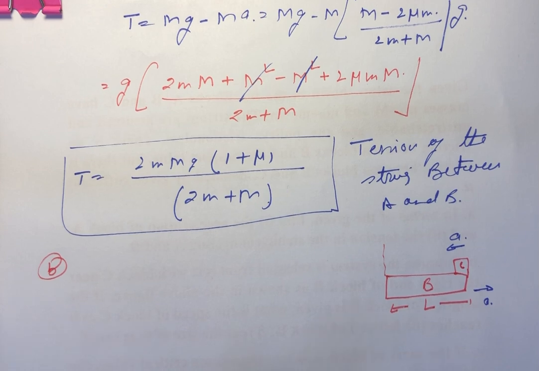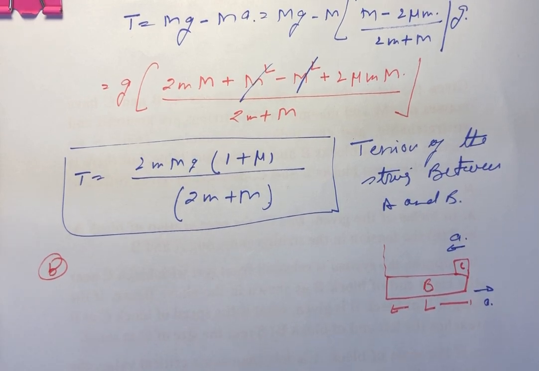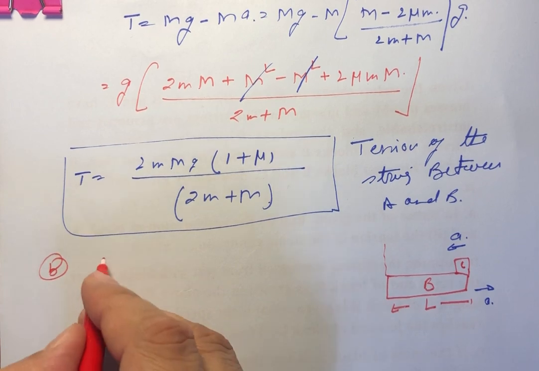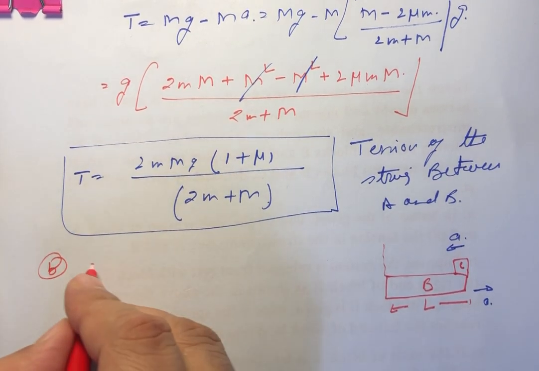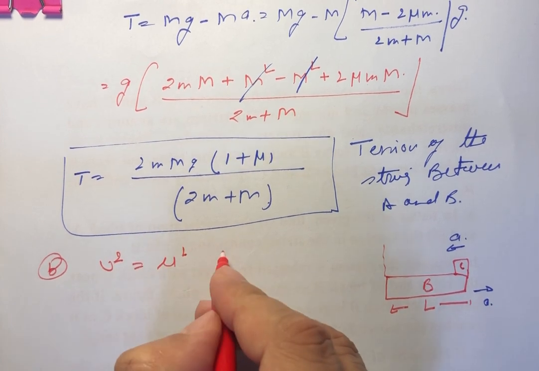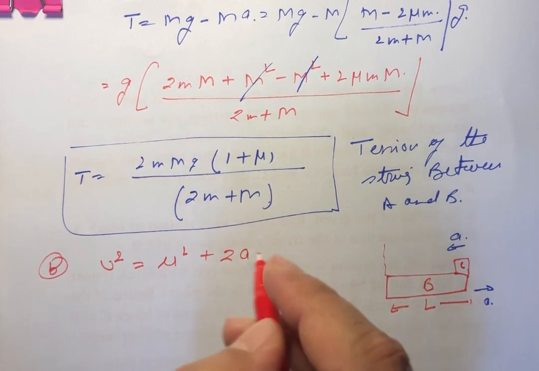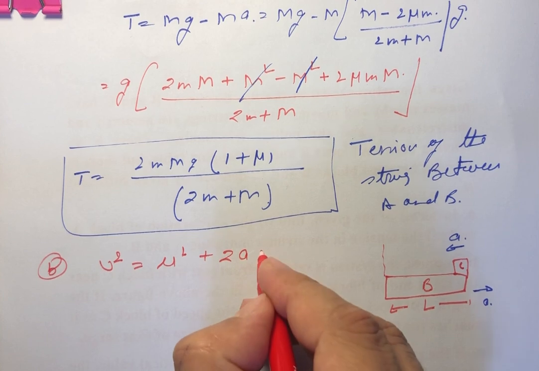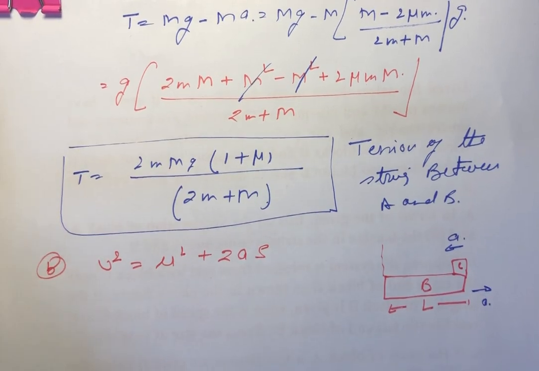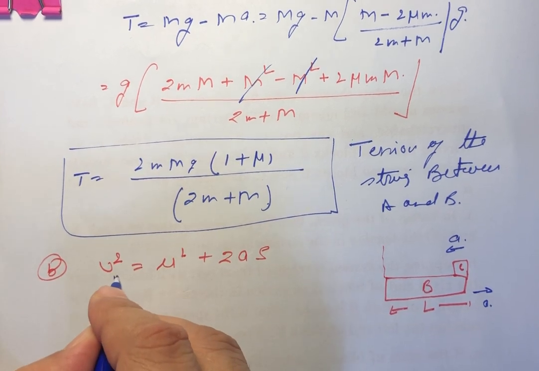So we can use the formula which states that v square is equal to u square plus 2as, as the relative motion between the blocks. So we can simply use the term relative.